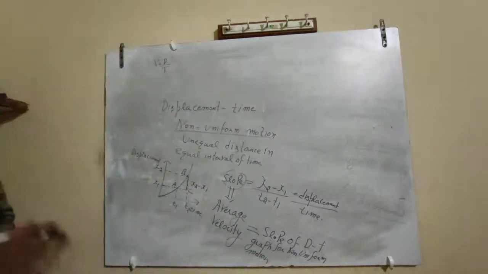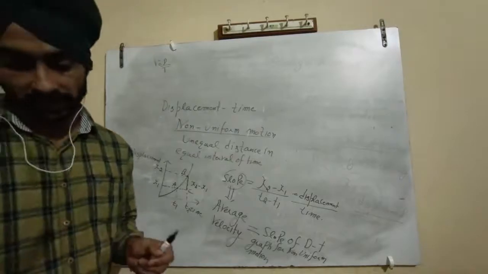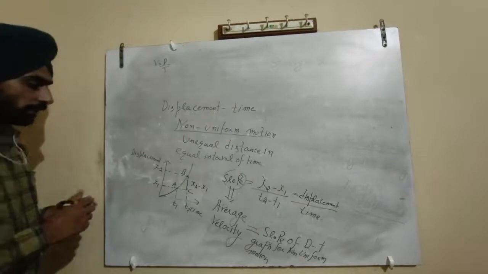So it's giving us the value of average velocity.